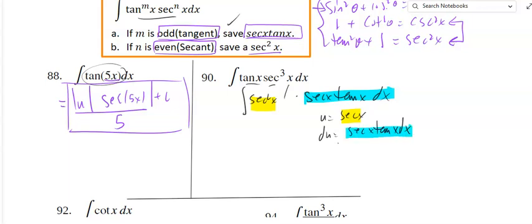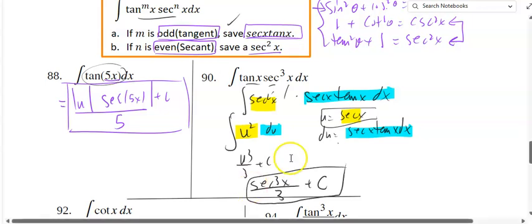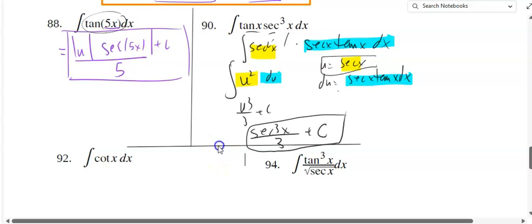And there it is. So this becomes a simple integral with u squared du. And that's going to be u cubed over 3 plus c. And u happened to be secant of x, plus c. And there it is.